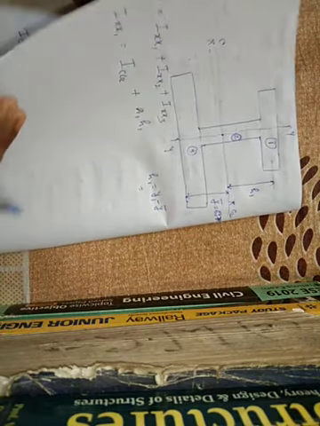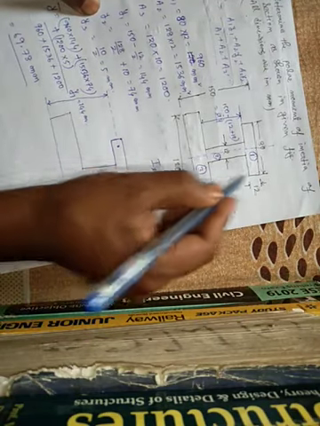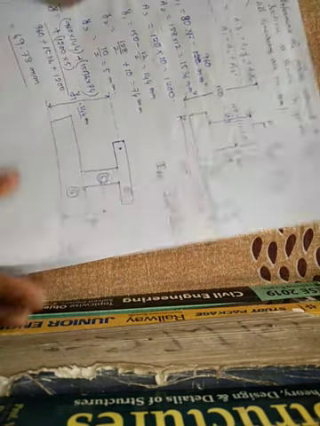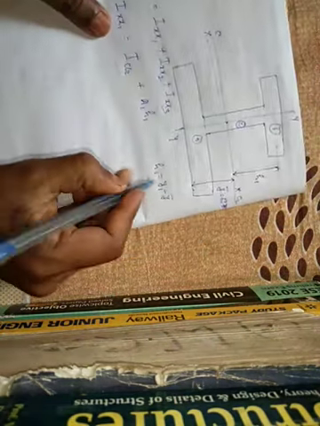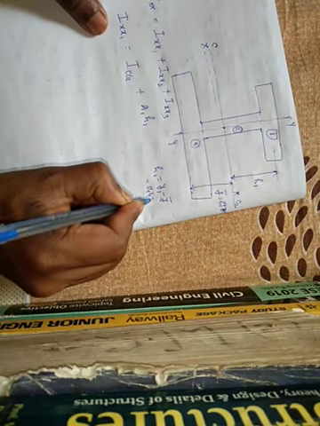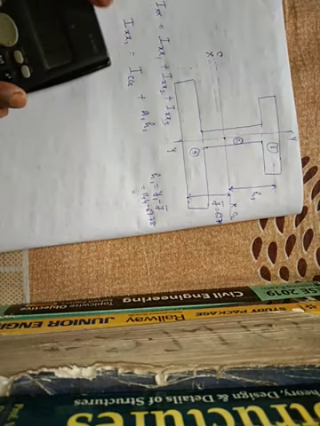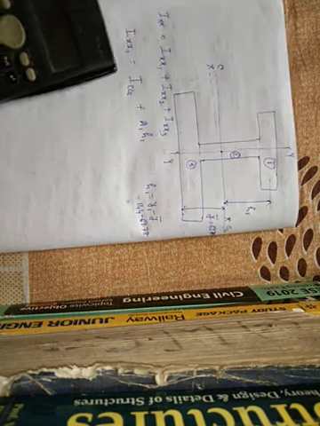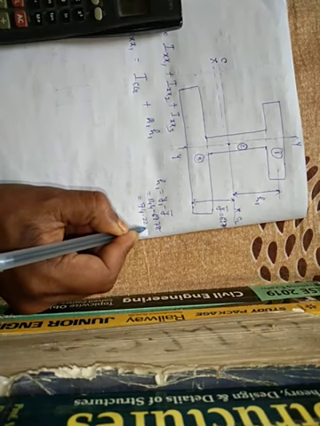What is y1? From here to here is y1. This is 144 minus y bar. Y bar is equal to 69.78. 144 minus 69.78 is equal to 74.22 millimeter.